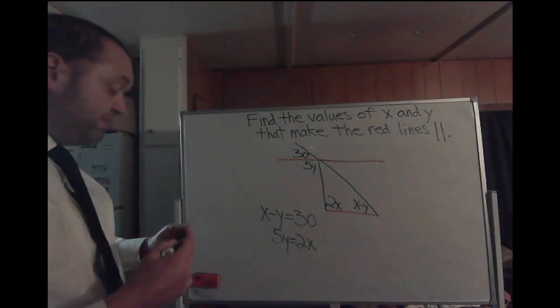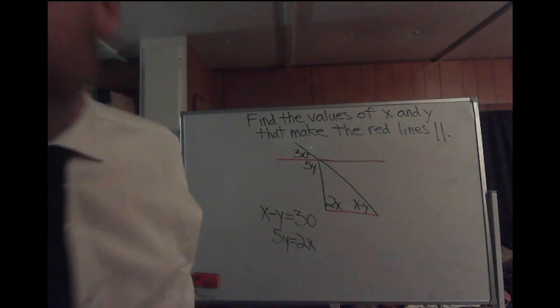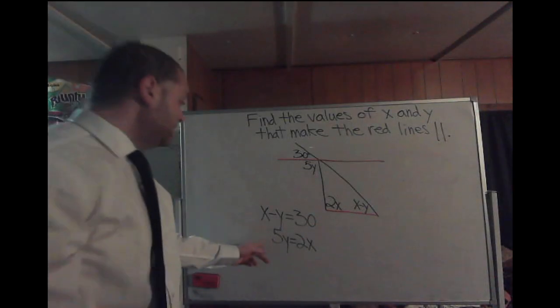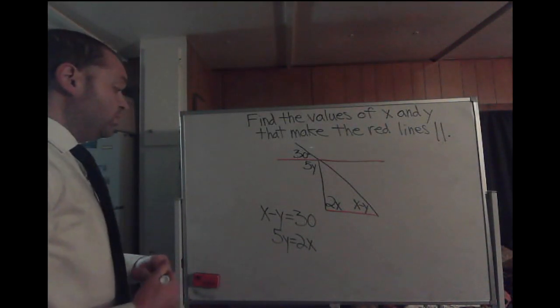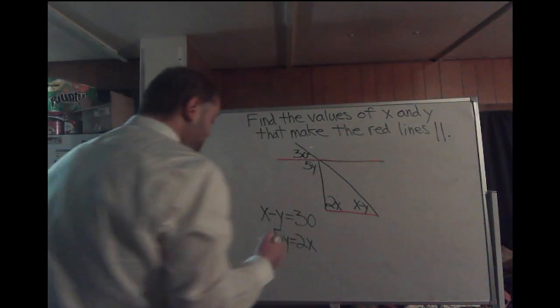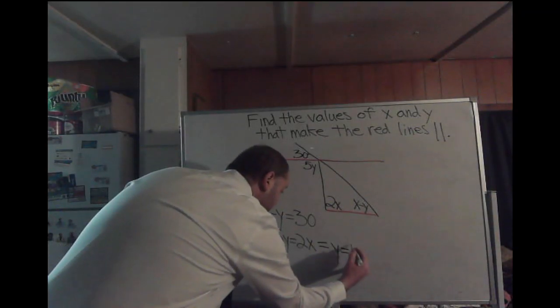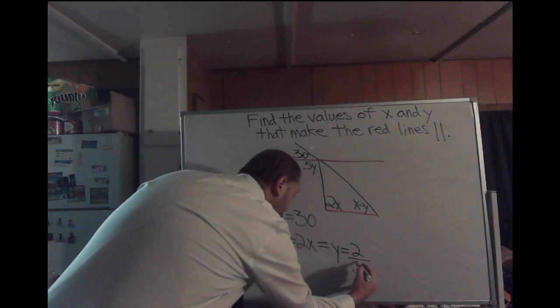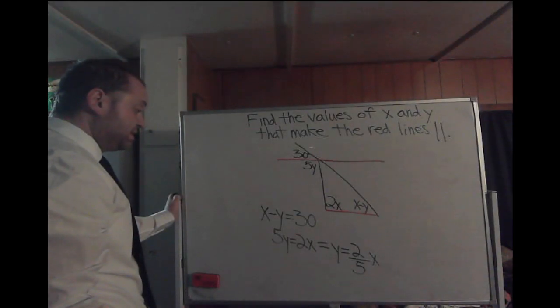Well, what do you know? We have another system of equations to solve. So it's a good thing we're doing these problems here. We can get some good systems of equations review. Well, I think it's obvious we want to pick substitution. That would have to mean that y equals 2/5 x. That's all that can mean, is that y equals 2/5 x.